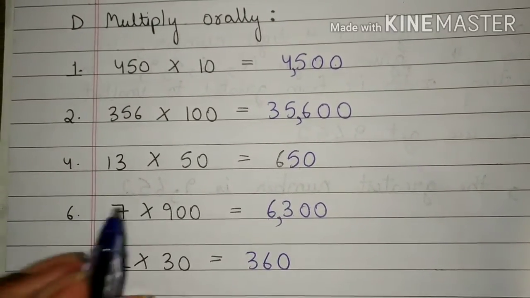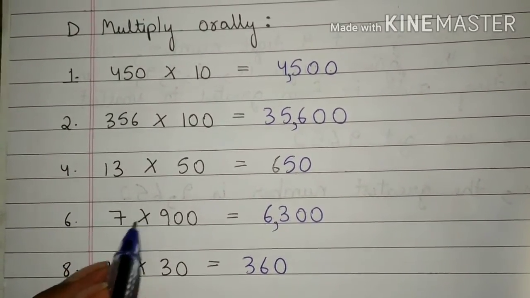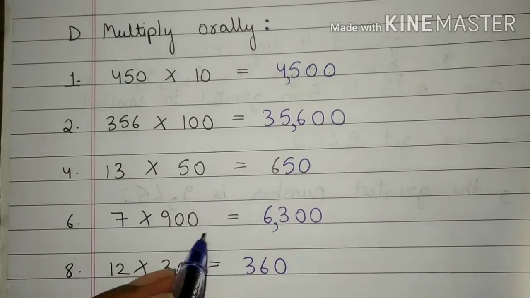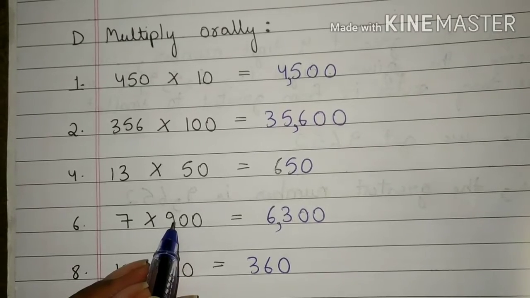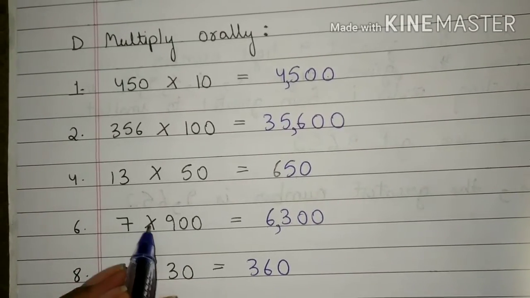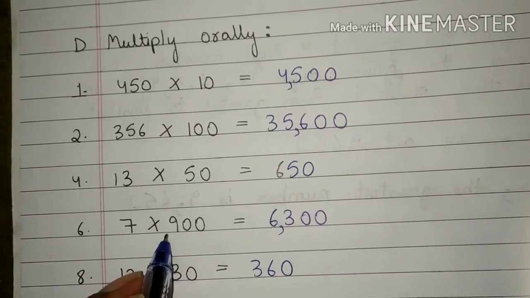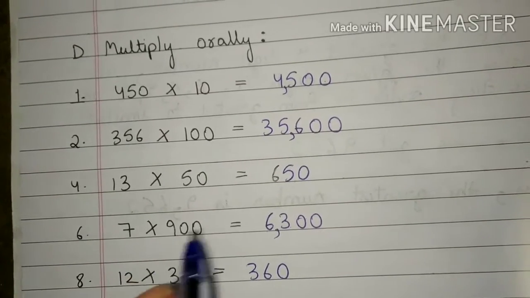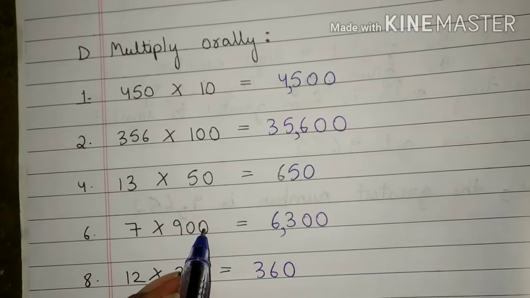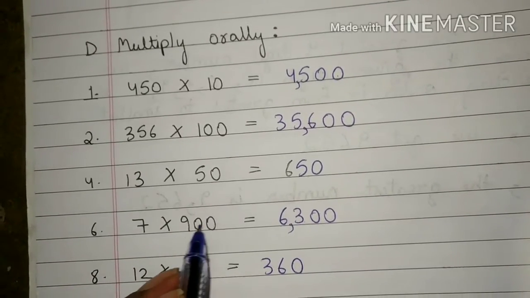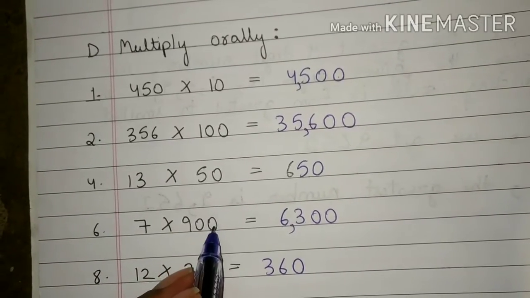Sixth question, 7 into 900. Students, first we will multiply 7 by 9. So 7 multiplied by 9 will give 63. So we will write 63 here. Students, here 0 is written 2 times, that is 0 0.